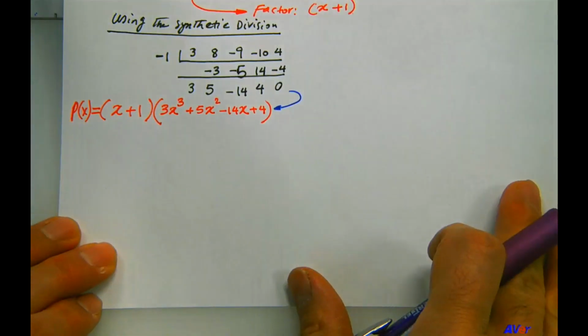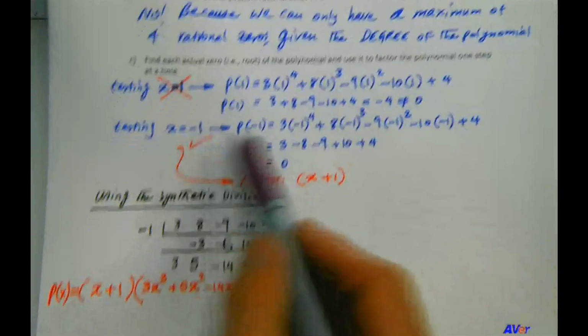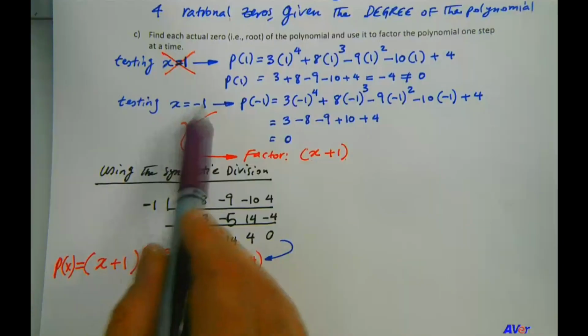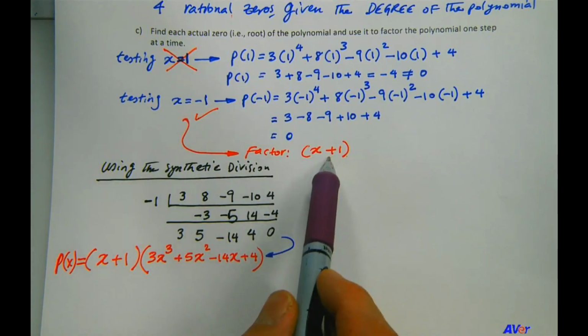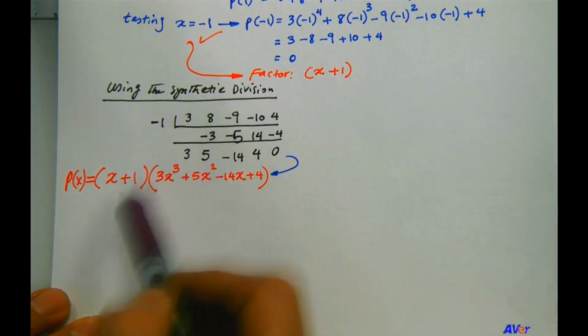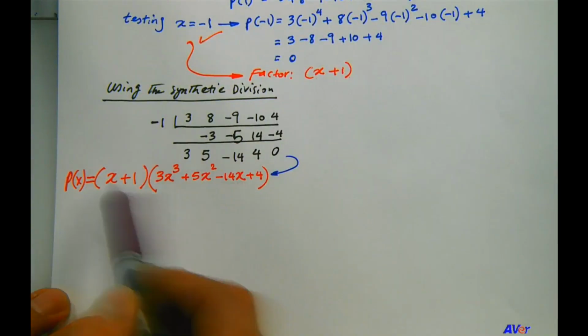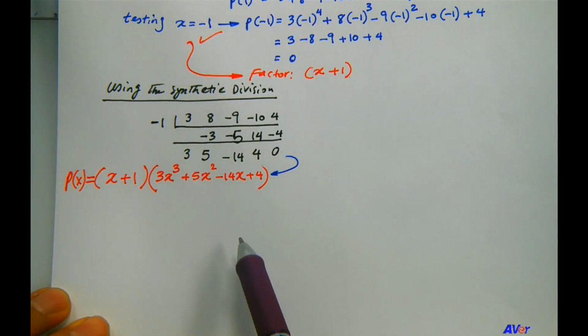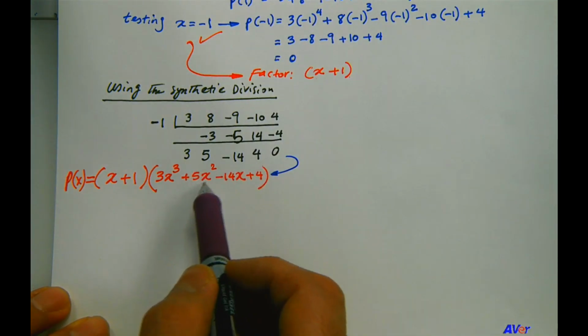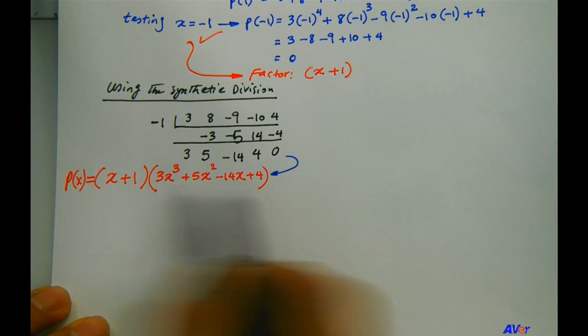Okay? So using this procedure, we found that x equals negative 1, or factor x plus 1, is a factor of the original polynomial. Then we use the synthetic division to find the other factor. So x plus 1 times that will give us the original polynomial that we have. Now we can look into factoring this because we're not done.